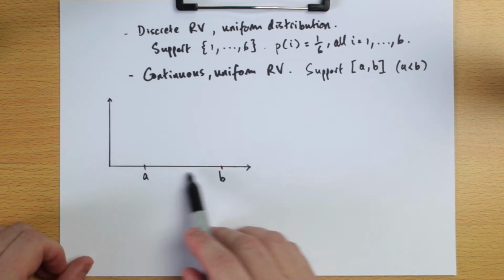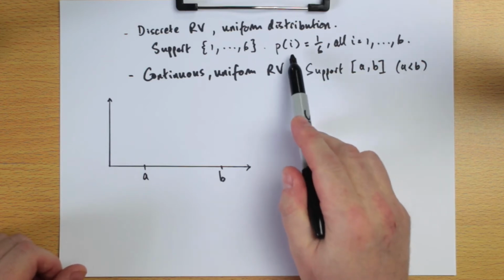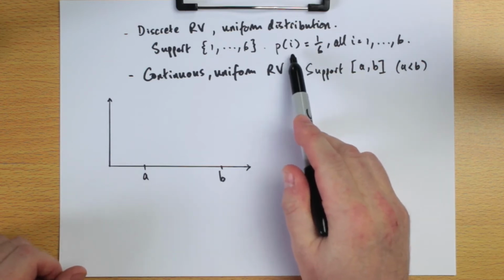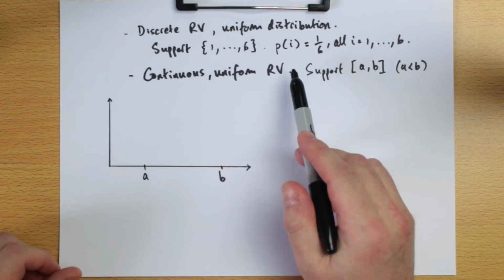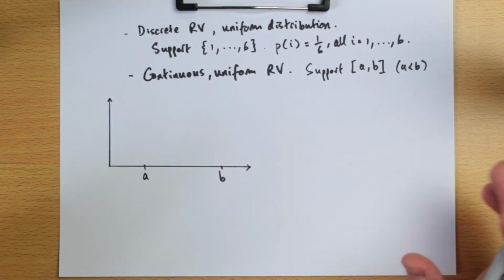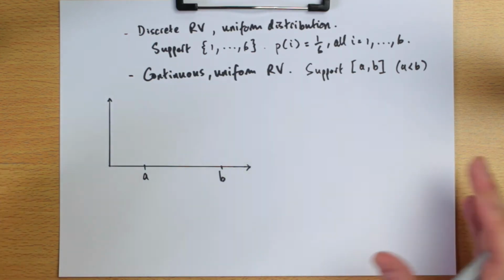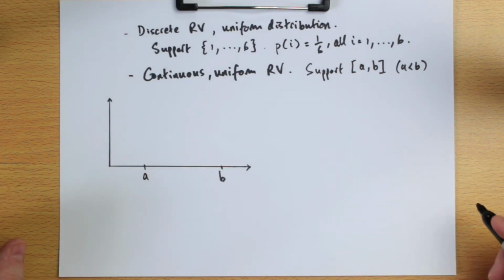So when we're dealing with a continuous random variable, rather than talking about the probability of specific values that the random variable might take, we talk about a density function, which is going to capture the same idea as a probability number, some sense of weight being associated with a particular value. But we're going to talk more importantly about the kind of regions that this random variable might take.